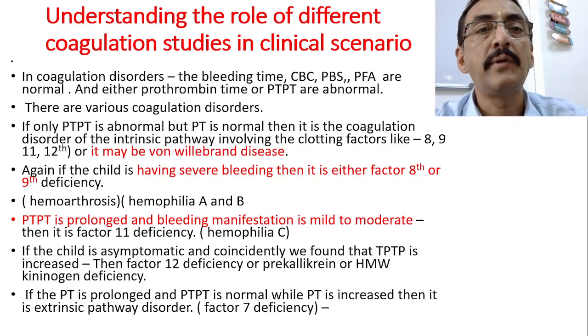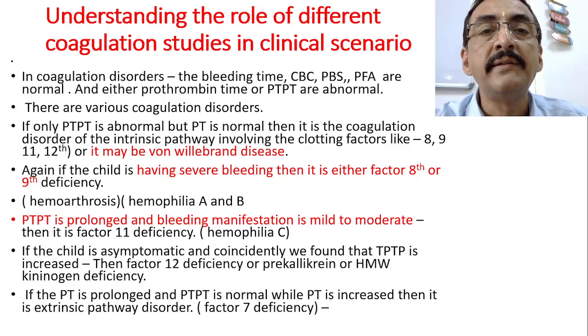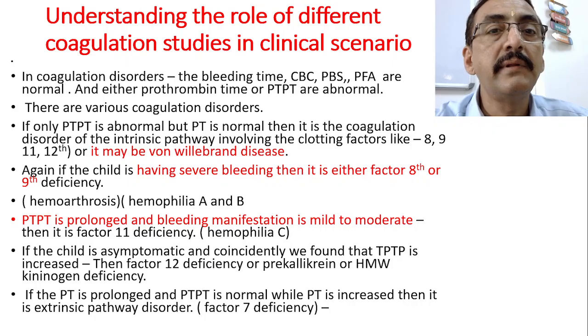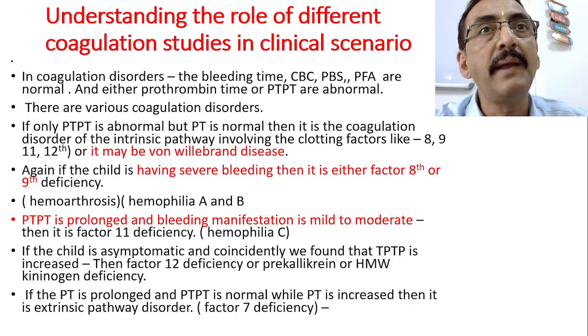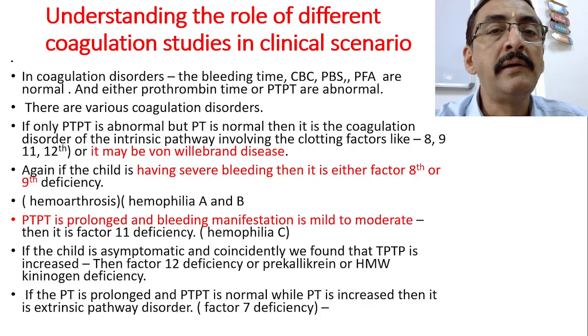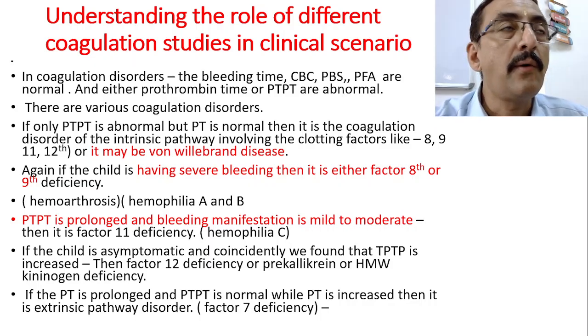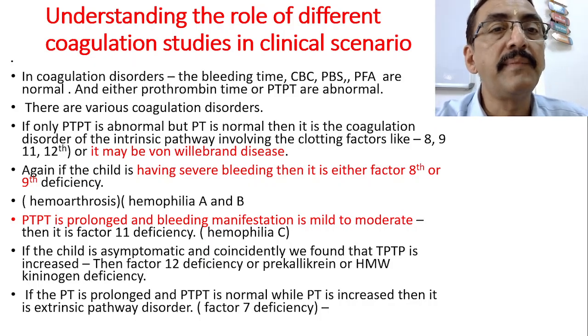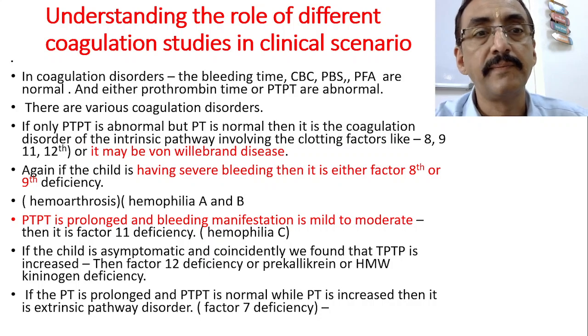That means you are getting a clinical scenario where bleeding time is normal, CBC is normal, PBS is normal, PFA is also normal. Either the prothrombin time is affected or APTT is affected, abnormal. So now, if this is the case, definitely there are various coagulation disorders.